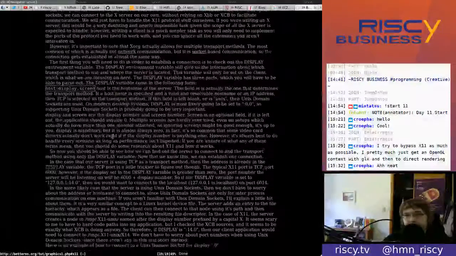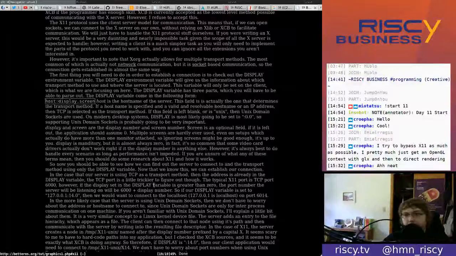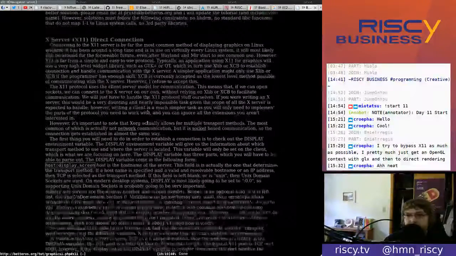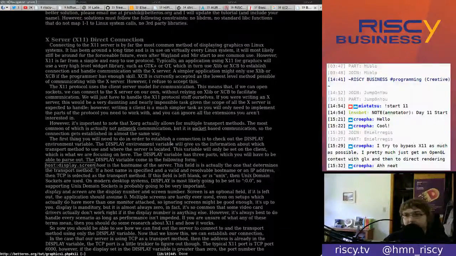And the thing about X11, the way it's designed to be able to use TCP as well as Unix sockets, like originally it was designed back in the old days to be used over TCP. You can actually apparently set it up so that you use TCP to connect to X11, and then you use a packet sniffer.